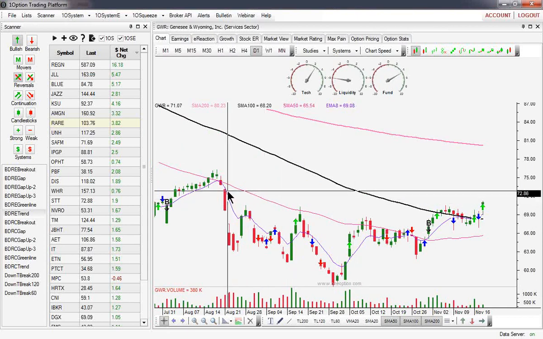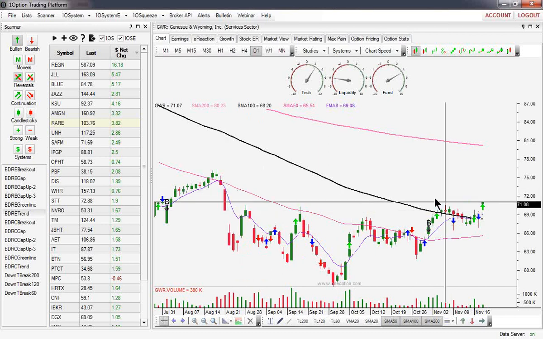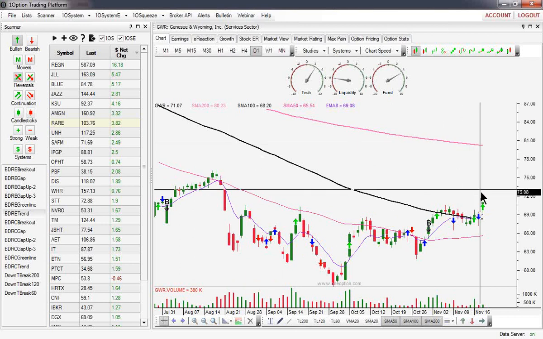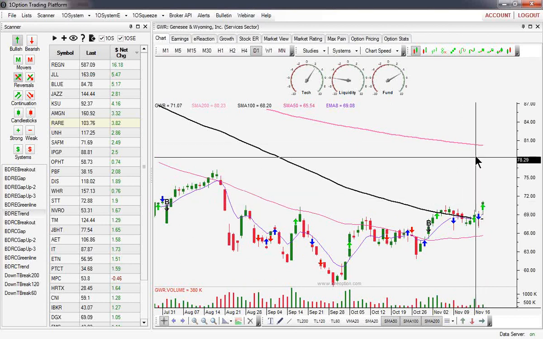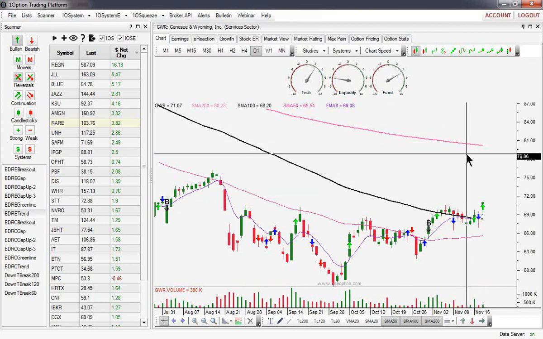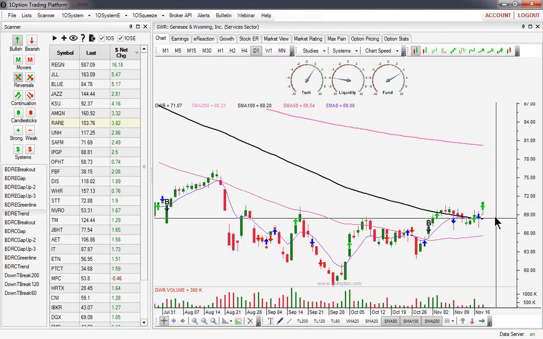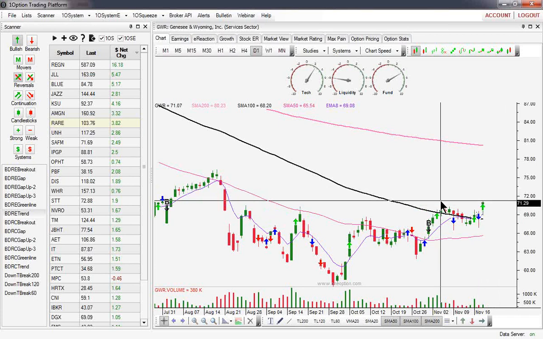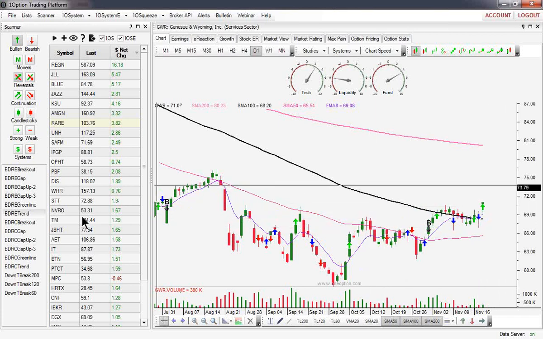Here's your first target right there, and the next target after that is going to be way up here. So that's a fairly significant risk reward to get into a trade like that. And you basically have your horizontal line right there. So if it gets below 70.36, you could exit something like that. So that's also a good one.